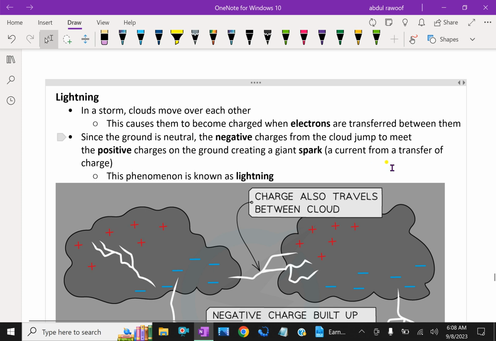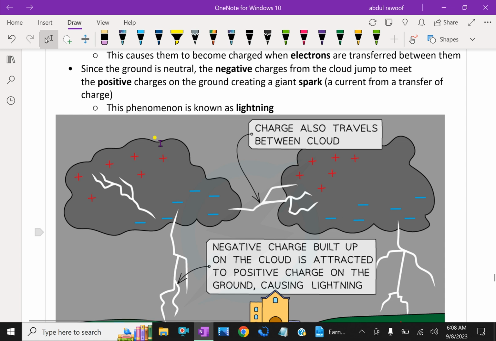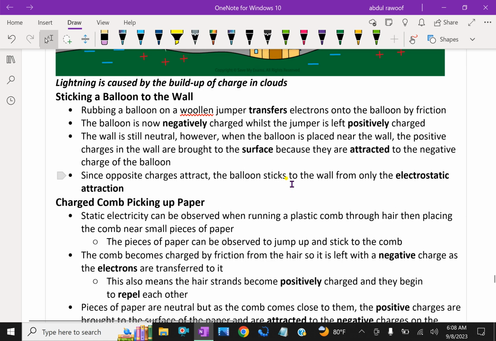That is a current from the transfer of charges. This phenomenon is known as lightning. Charges also travel between the clouds. The negative charge built up on the cloud is attracted to positive charges on the ground, causing lightning. Lightning is caused by the build-up of charge in clouds.